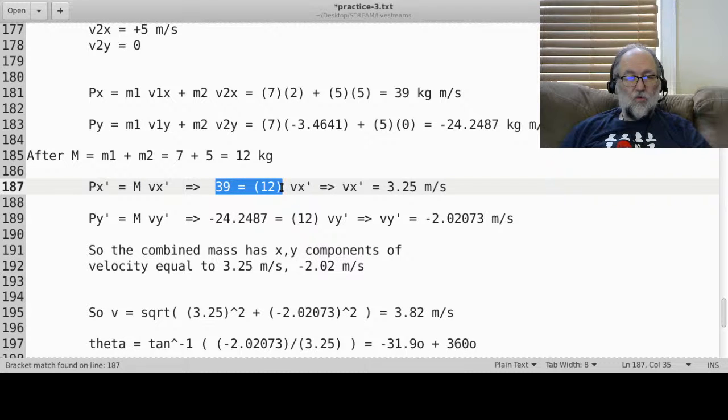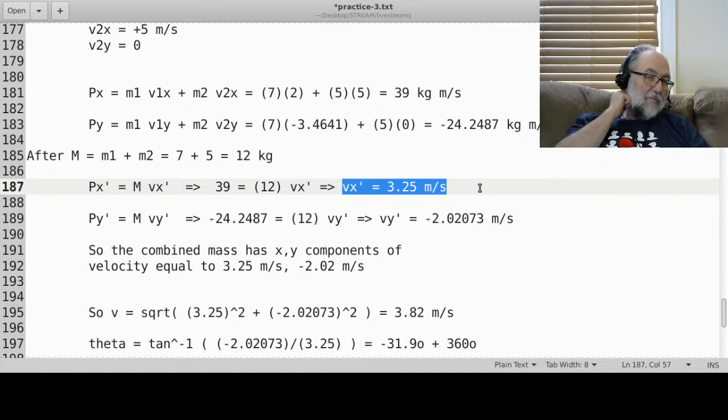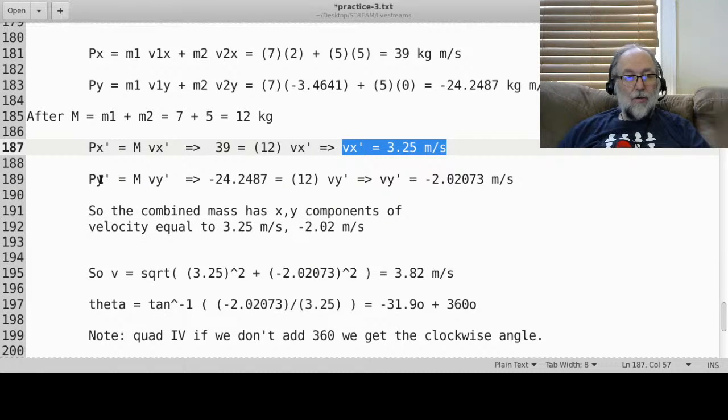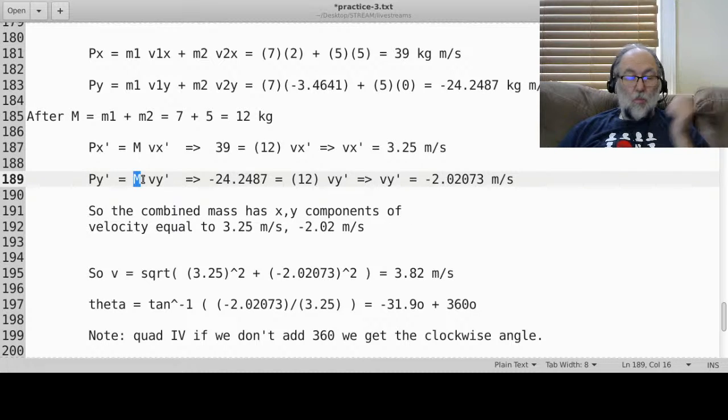So 39 is equal to 12 times vx primed, and that gives us that vx primed is 3.25. Same thing for the y component. The y component of the momentum after the collision, there's only one contributor, so there's just one mv here, and I'm using capital M for the combined mass, multiplied by vy primed.